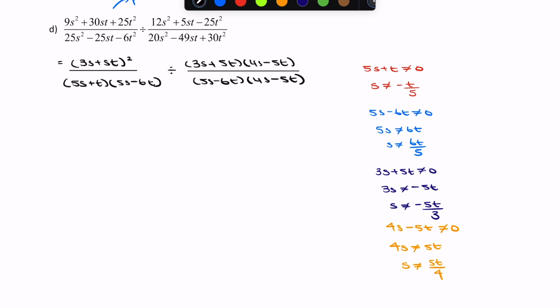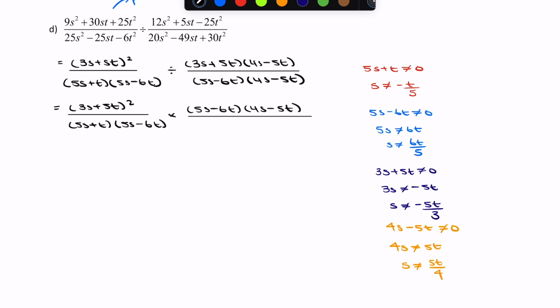Okay, so if we rewrite this expression as 3s plus 5t squared over 5s plus t, 5s minus 6t, and then change it to a multiplication statement. So we'll flip the fraction. So 5s minus 6t, 4s minus 5t over 3s plus 5t, 4s minus 5t.